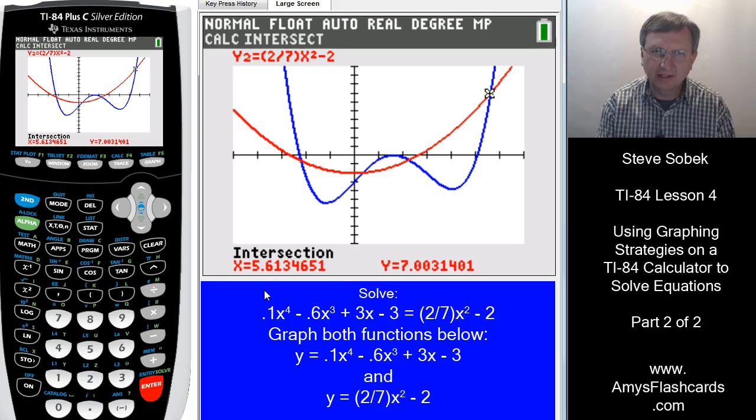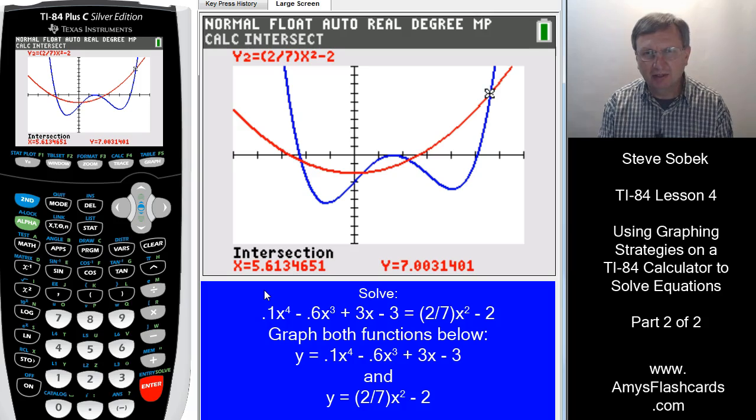All right, so that wasn't very hard, was it? Very complex equation. I wouldn't have wanted to solve that with the factoring method, although I certainly want you to know the factoring method, and it has its uses.